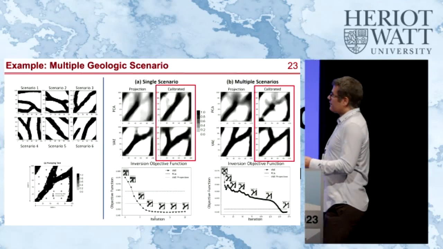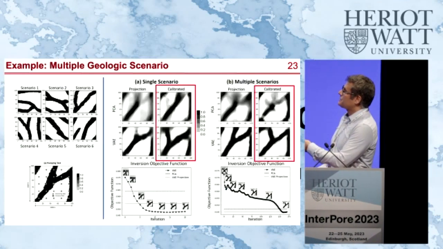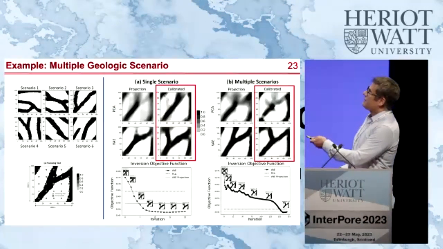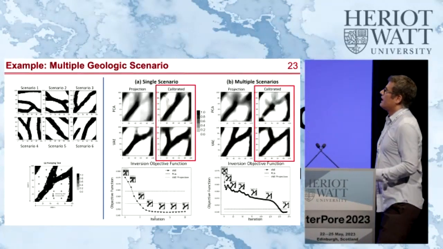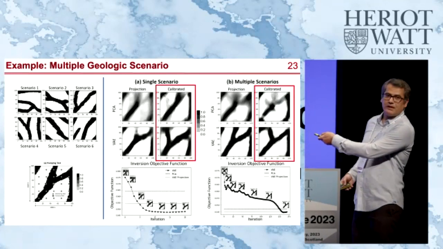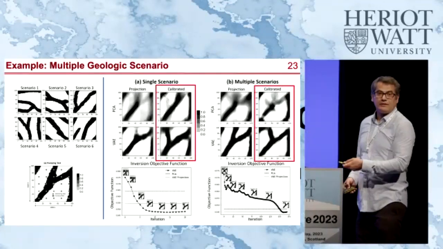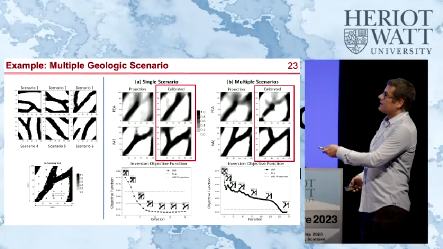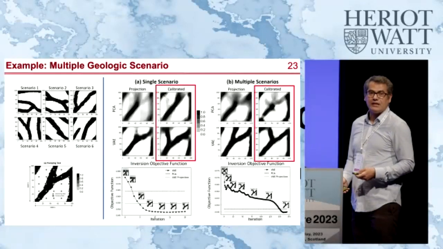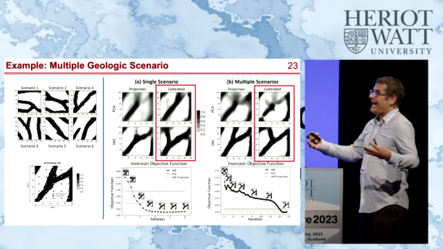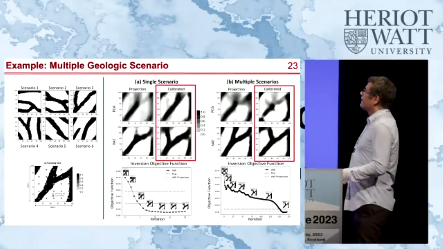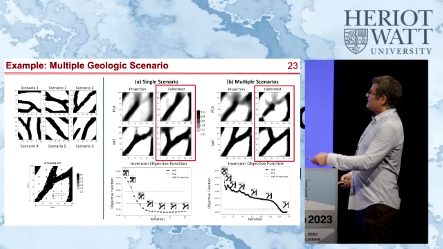So here's an example from one of our papers where we have fluvial channels going in very different directions. If you run a PCA on this, which we've done, you don't get very good results. The architectures that you see in here tend to be aggregated, which is not what you want. This is a pumping test that we ran.